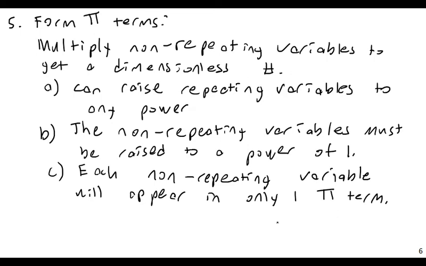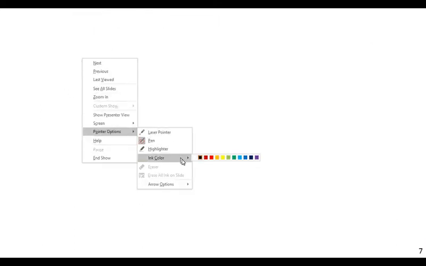So, for example, I want to finish working through this example, and we use these to find our pi terms. In our case, we have repeating variables and non-repeating variables.